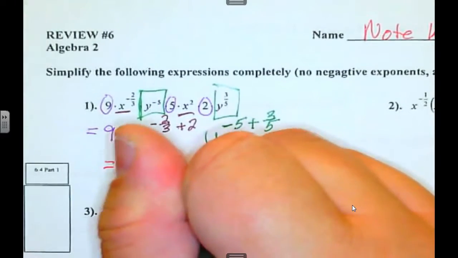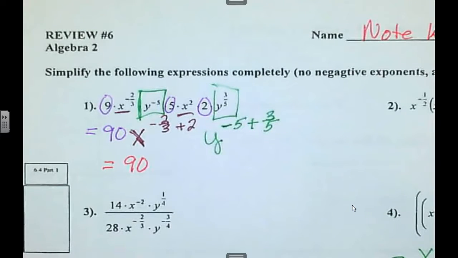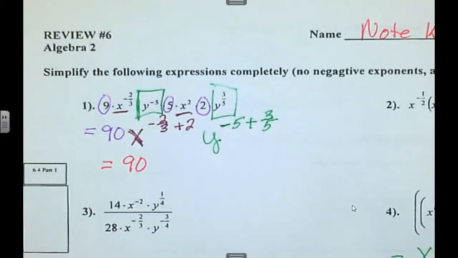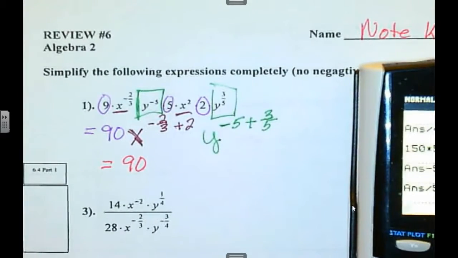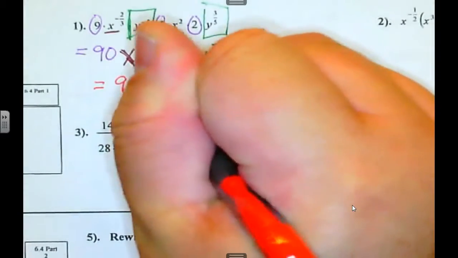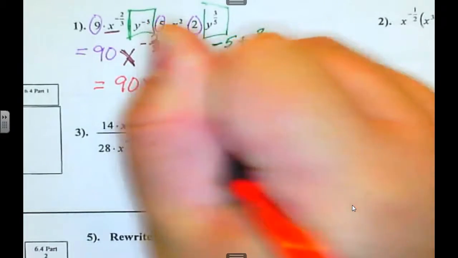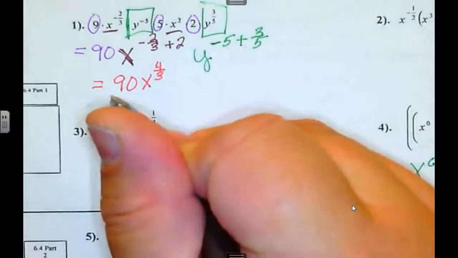So I have 90. What's negative 2/3 plus 2? And what's negative 5 plus 3/5?